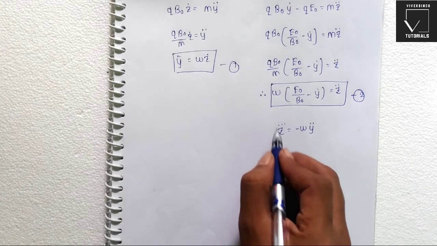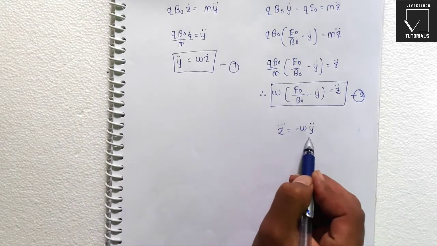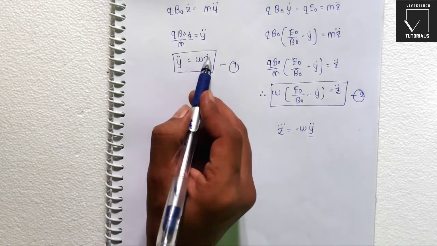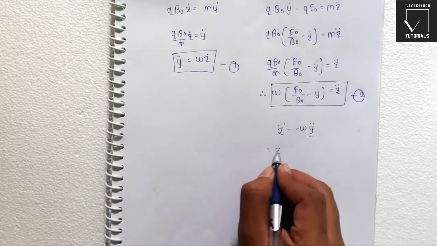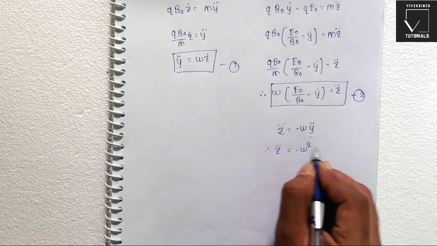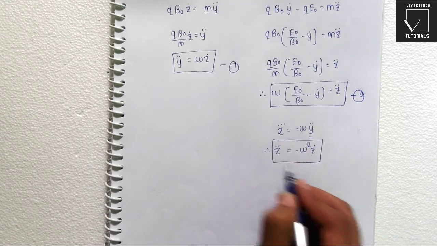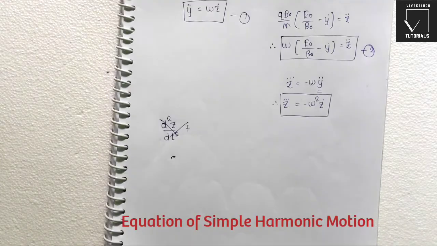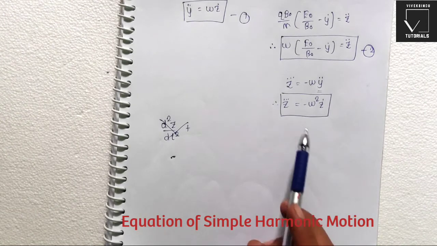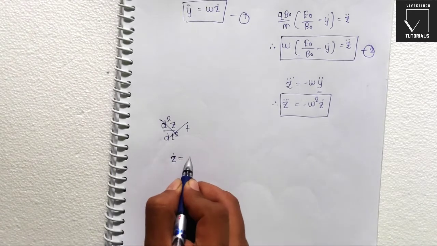This is the equation after differentiating, and we have the value of y double dot as omega z dot. Therefore z triple dot is equal to minus omega square z dot. This equation is similar to the equation of simple harmonic motion.